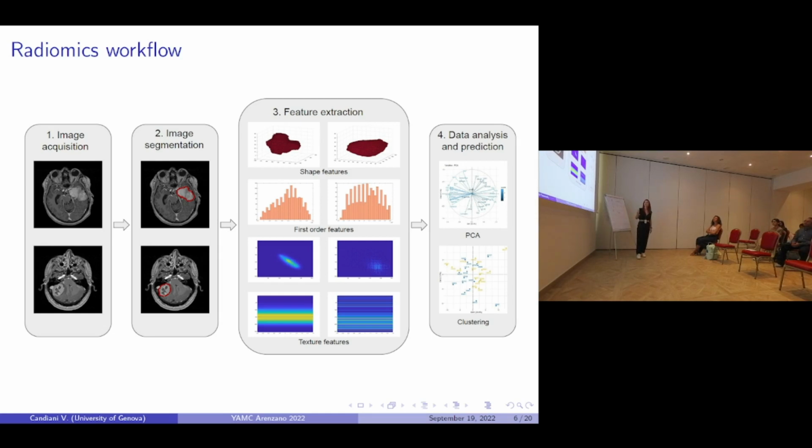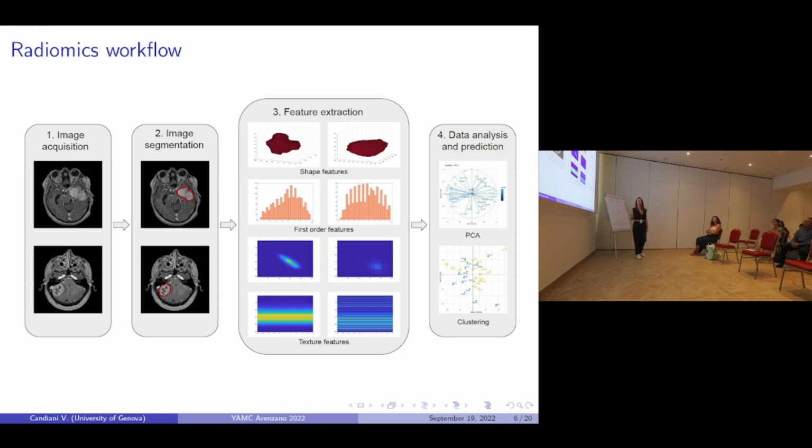About this, let me say that features can be divided into different groups. We have shape features, which can be size of the tumor, shape, eccentricity, and so on. We have first-order statistics features such as mean, standard deviation, contrast-based values. But then the biggest part of the features are represented by texture features.